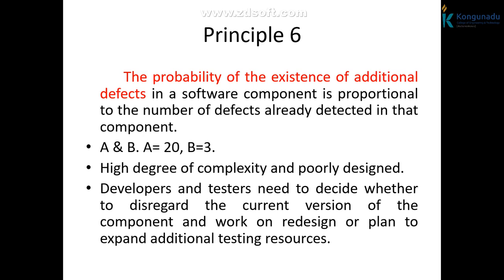Okay, then the probability of the existence of additional defects in A is higher than B. Okay, so developers and testers need to decide whether to disregard the current versions of the component and work on redesigning, or plan to expand additional testing resources.